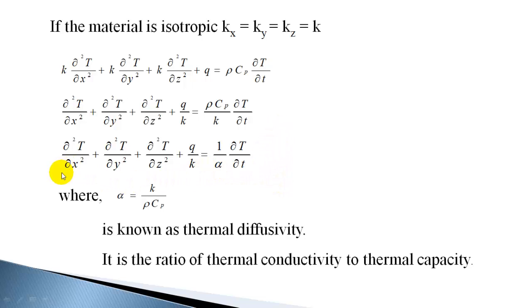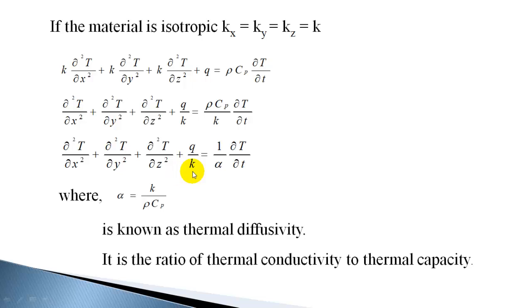So this is three-dimensional. Three-dimensional means all three terms x, y, z: the temperature is changing with x, y, z. So this is the three-dimensional heat conduction equation with heat generation, Q, for an isotropic material. We have assumed k as constant.